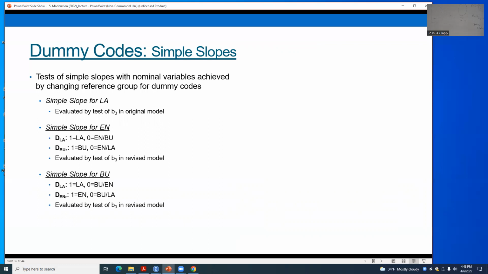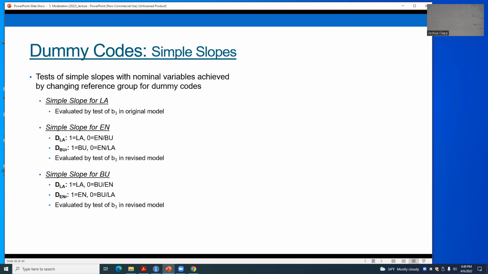Looking at the simple slope for business, same thing. I've got a dummy for liberal arts. I've got a dummy for engineering, right? And now I'm just going through and testing. This is tricky. You've got to make sure you go through and change that. You can't use the same business dummy because that same business dummy had 0 for the target group. You've got to make sure that everything maps onto things, right?